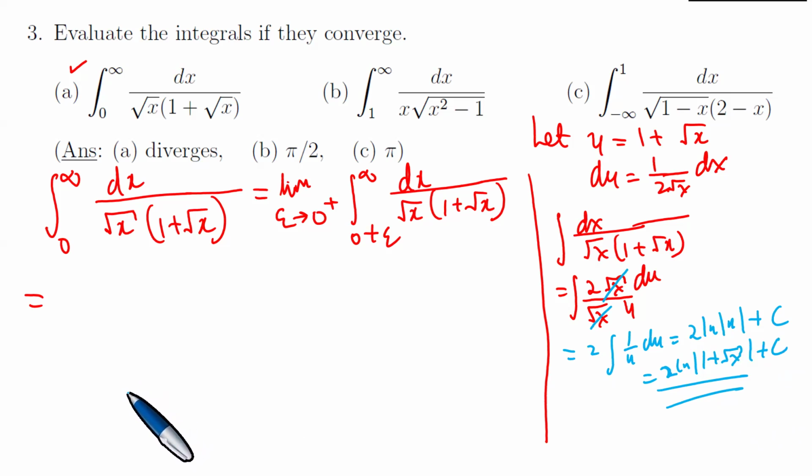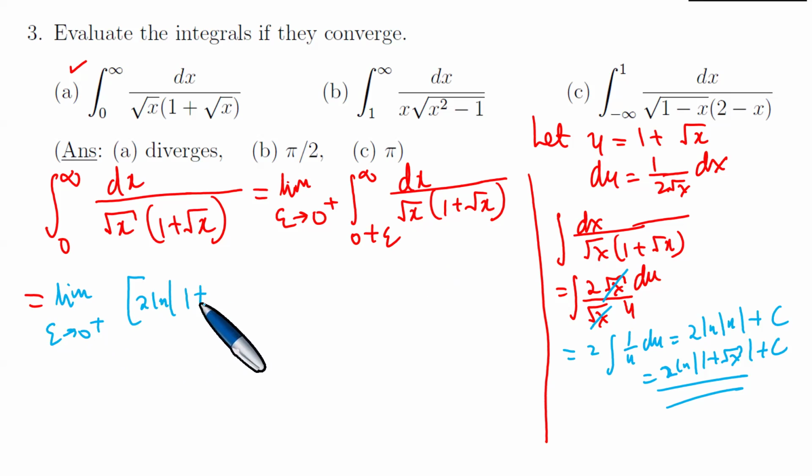Okay, we continue. So now this is exactly what we have here. And therefore, this is the limit as epsilon approaches 0 from the right. Now, the integral of this is 2 the ln of 1 plus the modulus of root x. Okay, and then obviously this one is 0 plus epsilon to infinity.